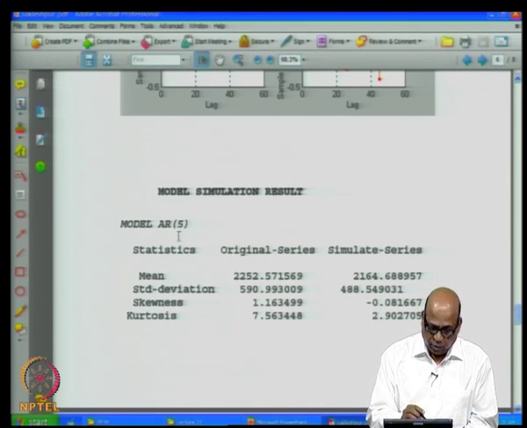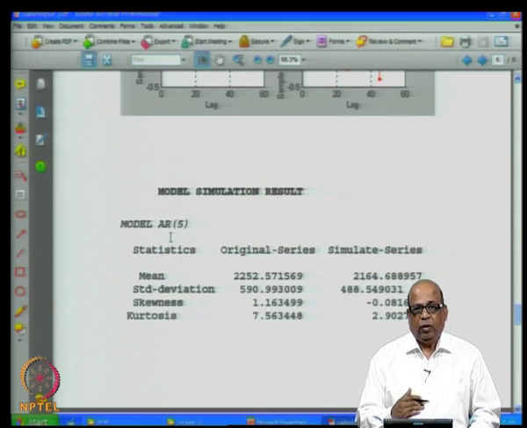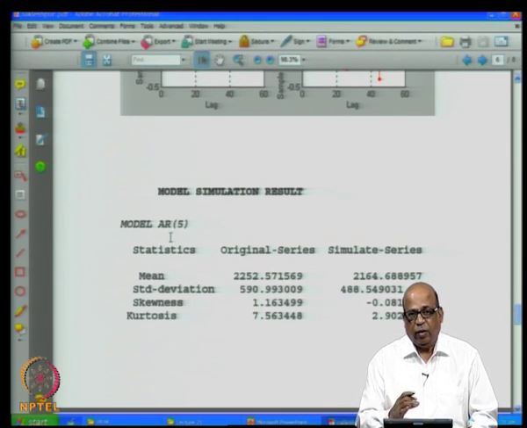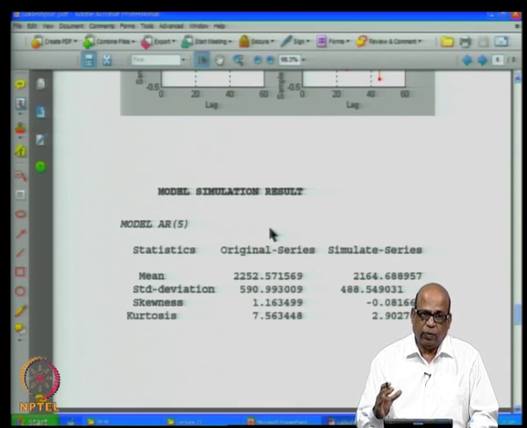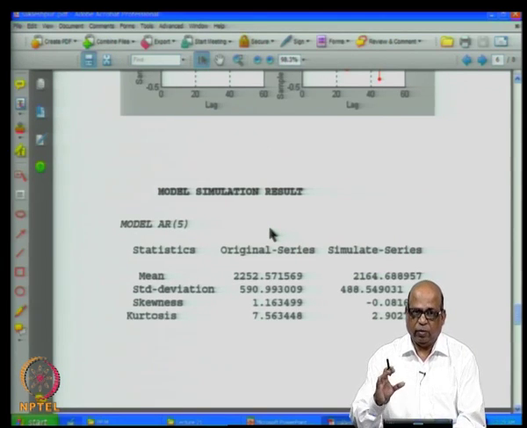So, we apply this model to simulate a large amount of data belonging to that particular time series, and then we compare the statistics. Remember, this is for the original time series, and then we have simulated; it is not for the validation period. We have done all the validation tests and kept the model ready. Now, we simulate for the next 100 years, one sequence, two sequences, etcetera.